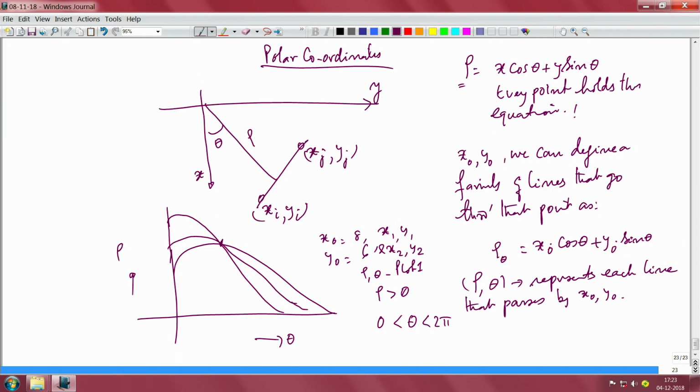So that is the point about detecting Hough lines in actual implementation. Let me summarize this whole discussion.